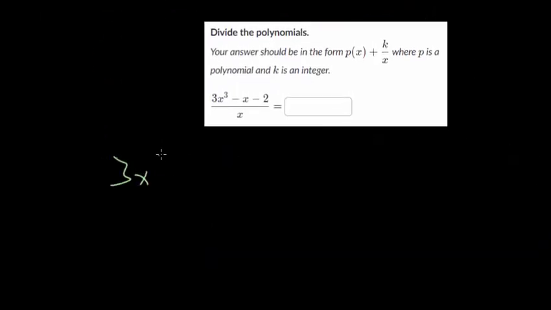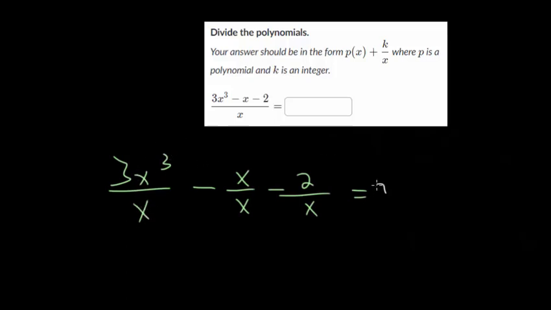So we have 3x cubed minus x minus 2, and they're all divided by x, so I'll just write them as divided by x. So then we have minus x divided by x and minus 2 divided by x. Now, the 3x cubed divided by x, you have 3 x's up top, and one of them will cancel out. So now we have 2 x's, or 3x squared. And then x divided by x, something divided by itself, is just 1.